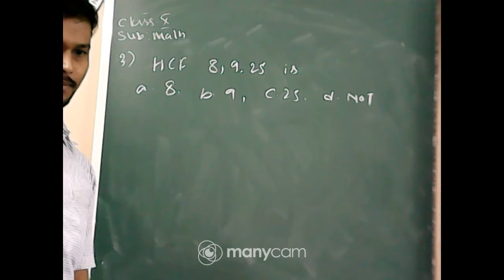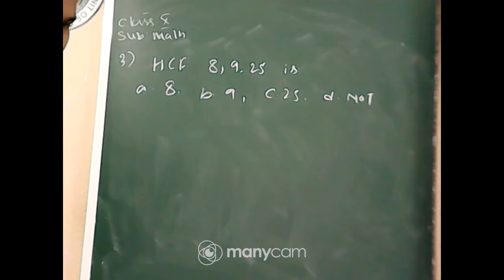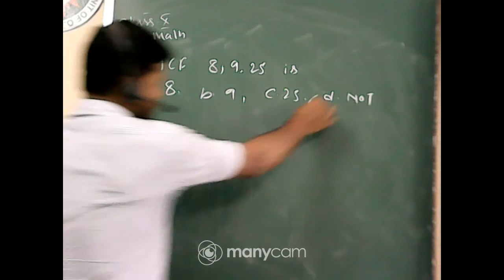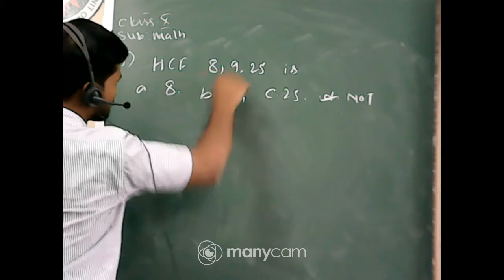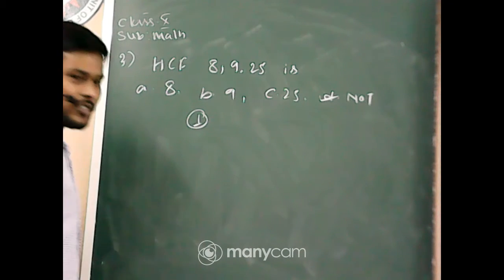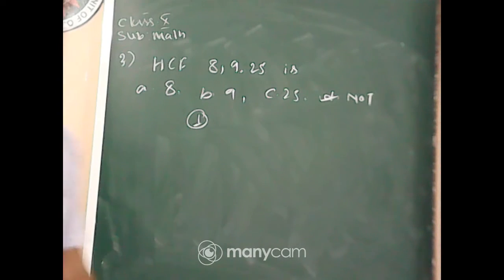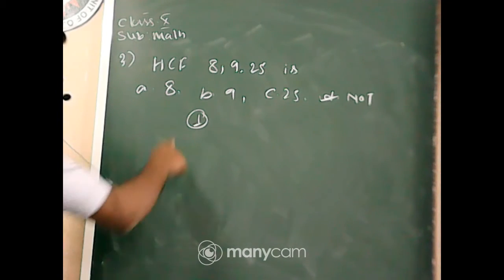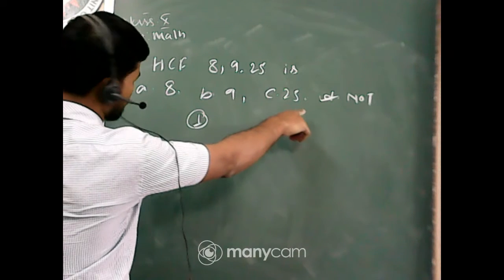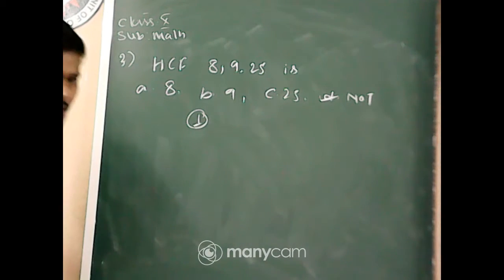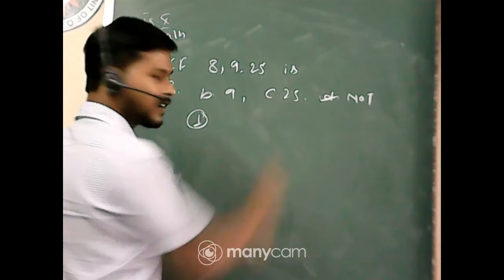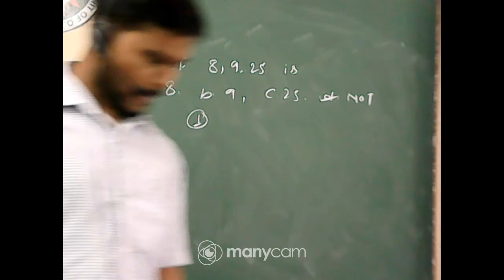What will be the answer? The HCF of these three numbers? Obviously this is a very easy question. The answer is none of these, because the HCF of these three numbers is 1, and 1 is not given here. Yes, 1 is actually the correct answer, but 1 is not given as an option, so our option will be none of these. Clear? Okay.